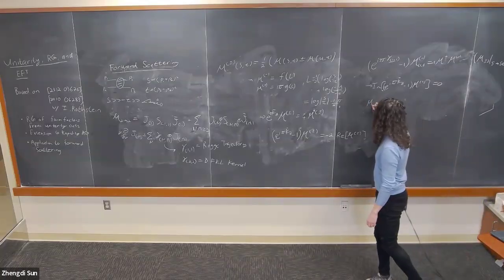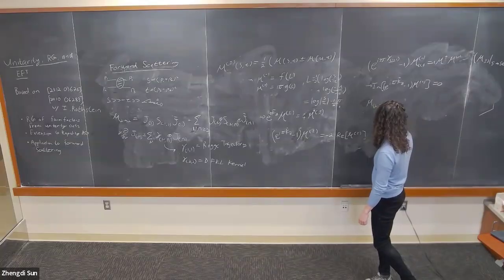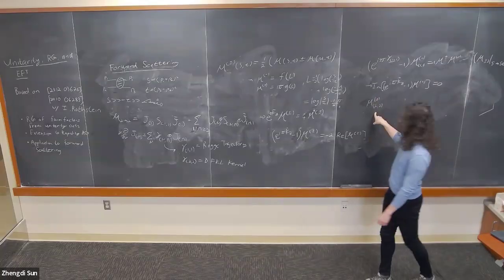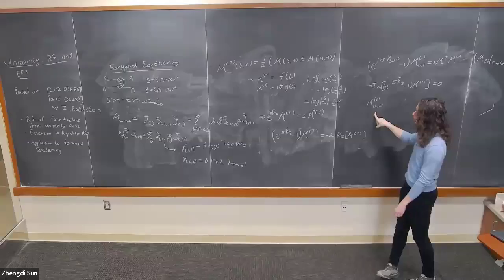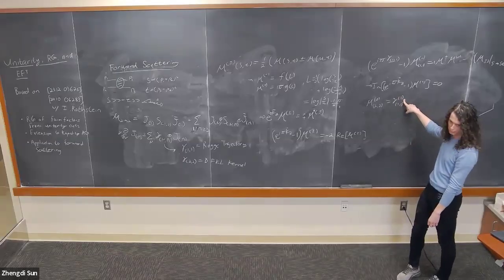So this gives you, for example, that the tree-level 2-2 operator is essentially equal to the 1-loop 1-1 anomalous dimension, the 1-loop Reggie trajectory.